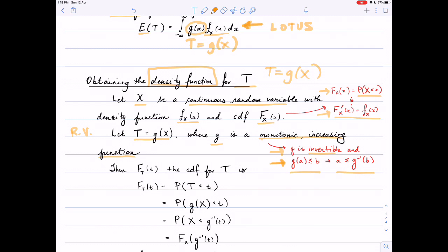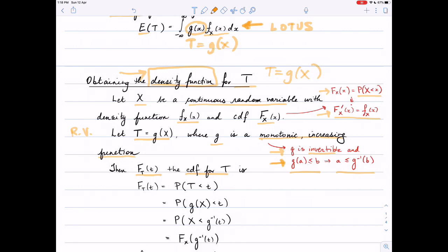So if we are looking to find the density function of t, what we are going to start with first is finding the CDF for t. So f sub t of t is the cumulative distribution function for t.